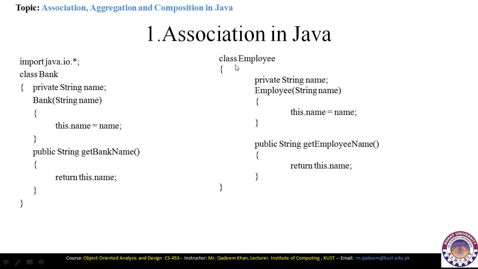Then we have created another class, Employee, with private String name. This is a constructor of the Employee class. It is also a parameterized constructor. String name, this.name = name. Then we have public String getEmployeeName, which returns this.name. It will return the string of this constructor.